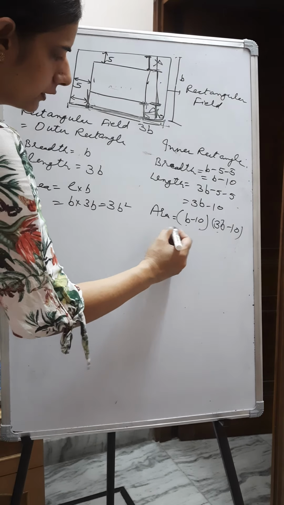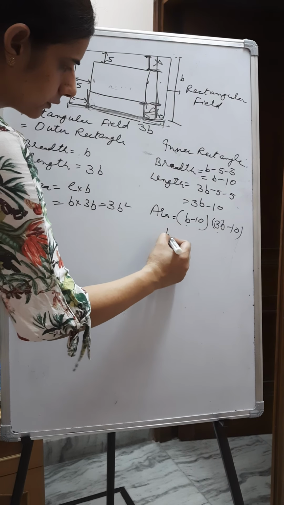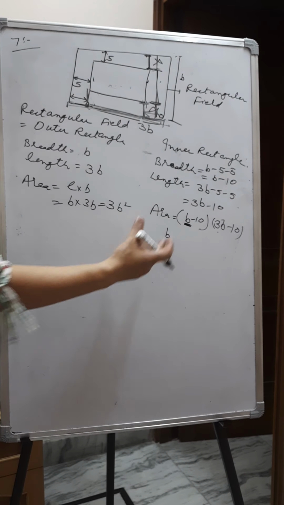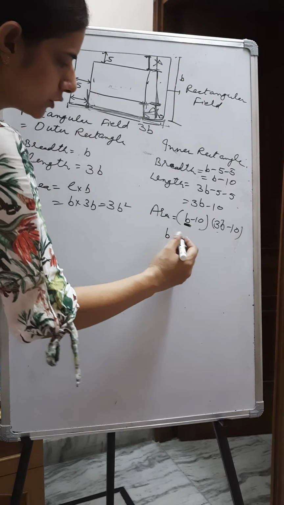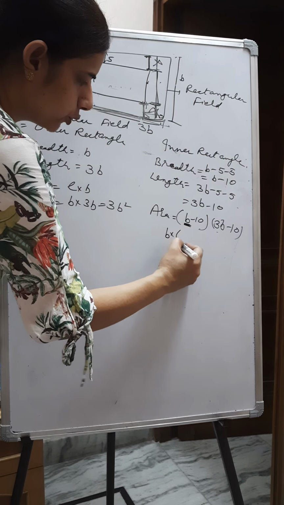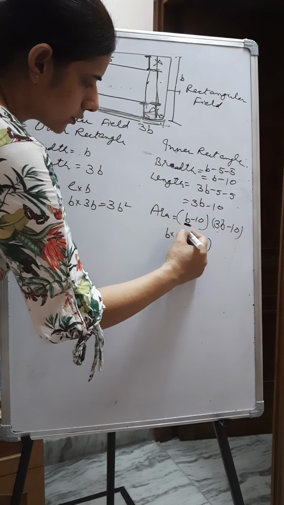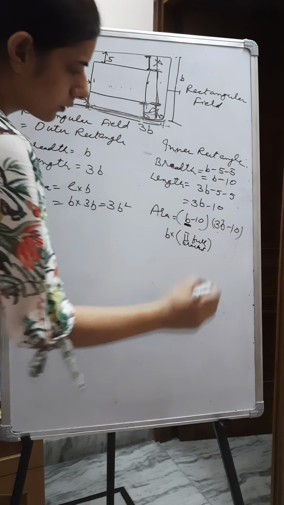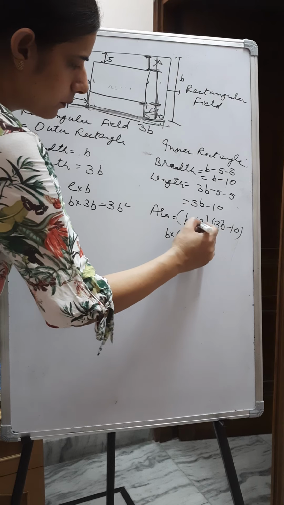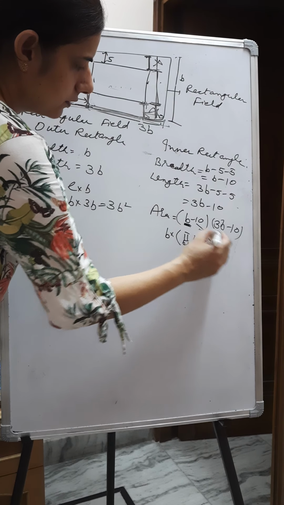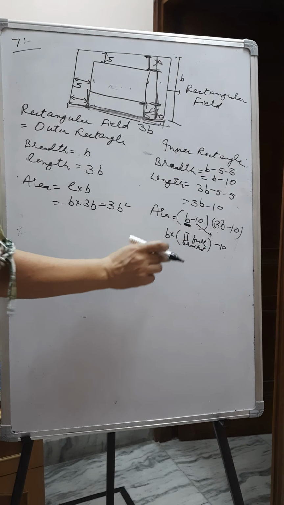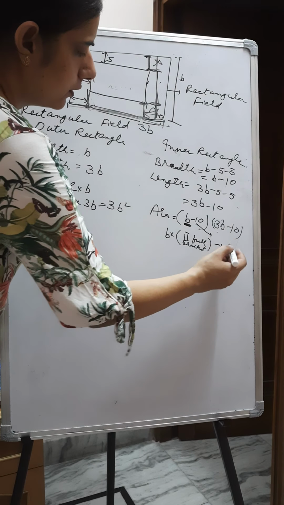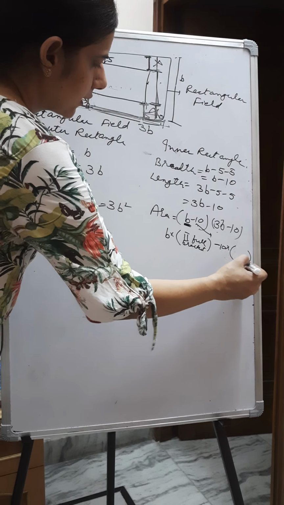What you have to do, take this b, the first term of the first bracket, and multiply it to the second full bracket. Then the minus 10, the second term with the sign, is again multiplied to the second full bracket.